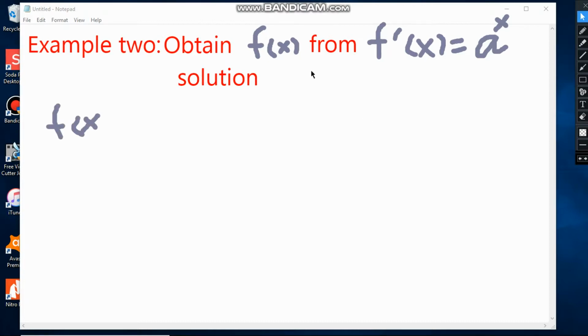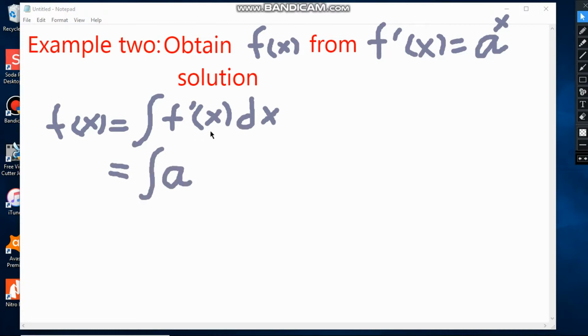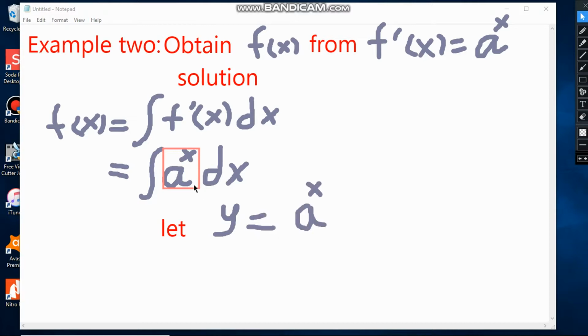We know in order to get f of x from f dash of x, we apply an integral sign, and when you substitute the value of f dash of x, we have this expression. But we let this a raised to x be equal to y. We let y is equal to a raised to x.